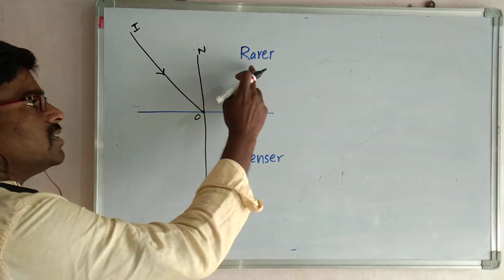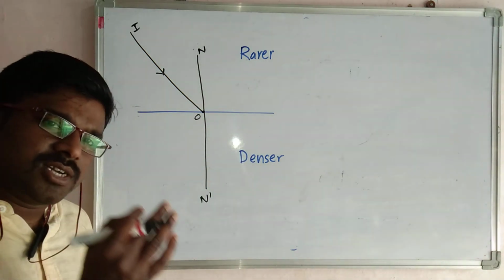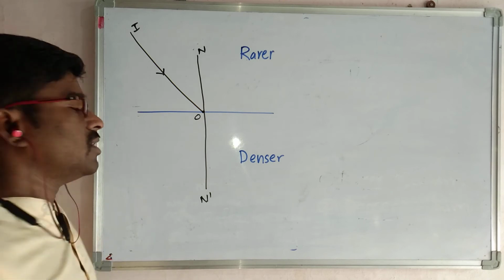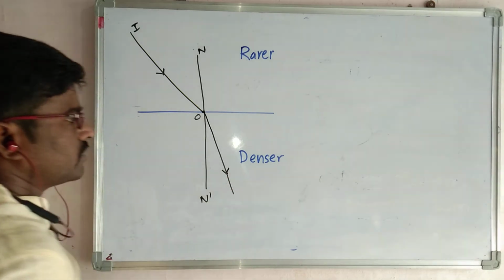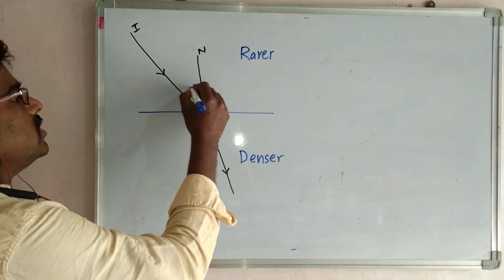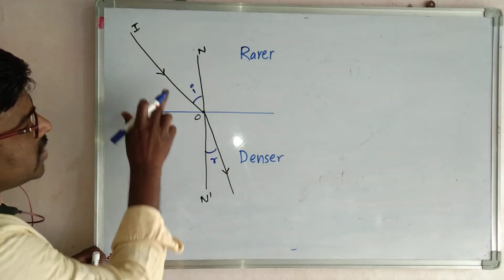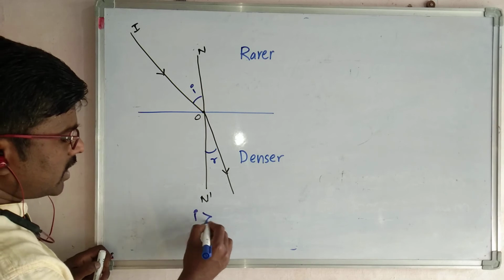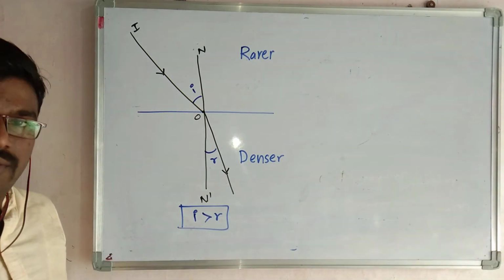Now, when a light ray moves from rarer medium to denser medium, the speed of the light decreases, and that's why it will bend towards the normal. So, here the angle of incidence is I, angle of refraction is R. If you observe these two diagrams, the I is greater than the R. Incident angle is more than the angle of refraction.